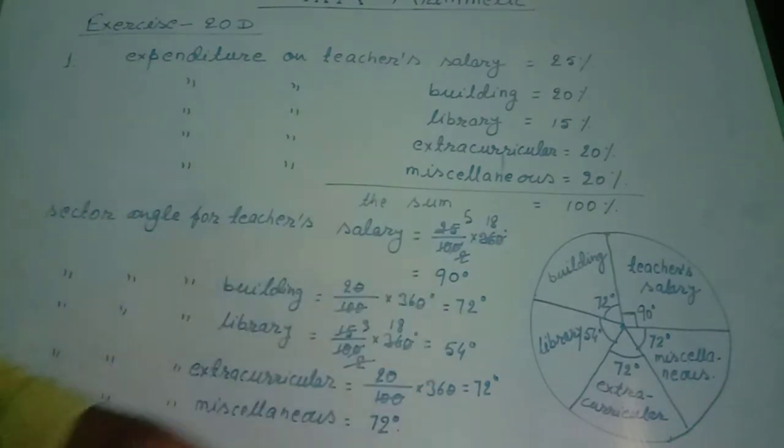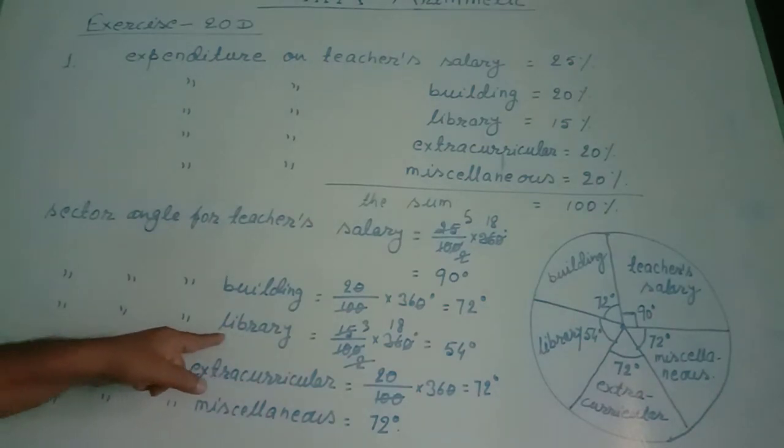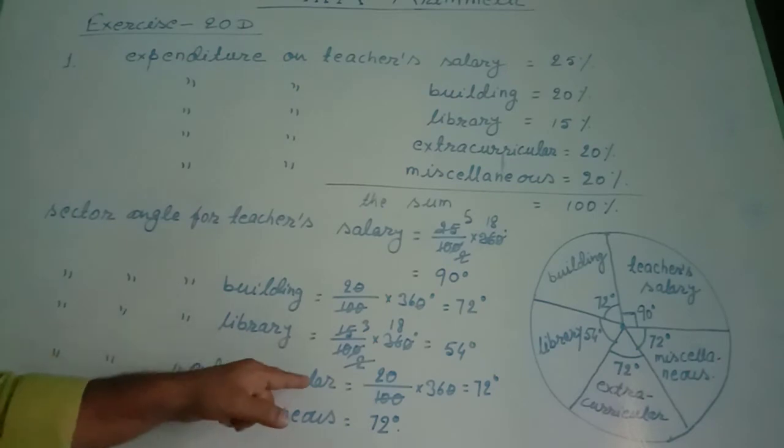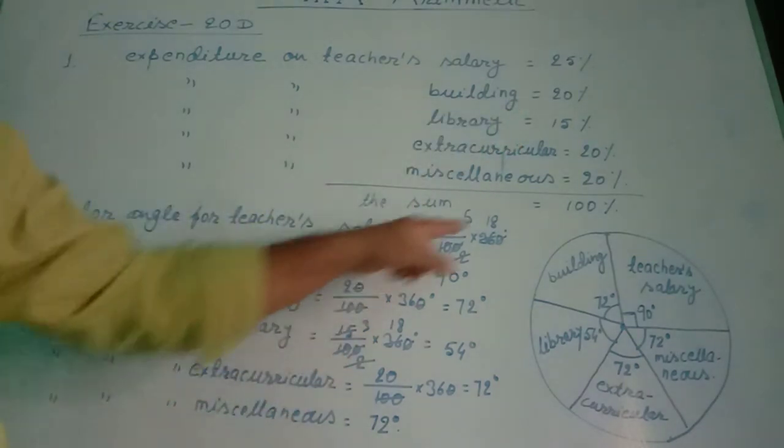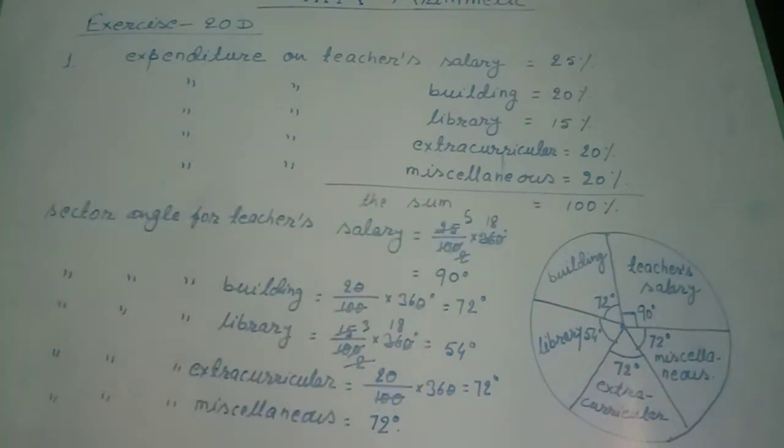Calculation became 72 degrees. Third is sector angle for expenditure on library equal to 15 by 100 into 360 degrees. I calculated and I got a 54 degree angle at the center.